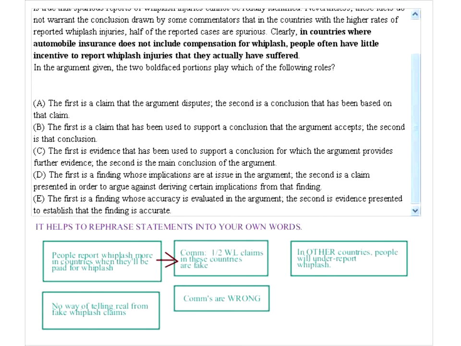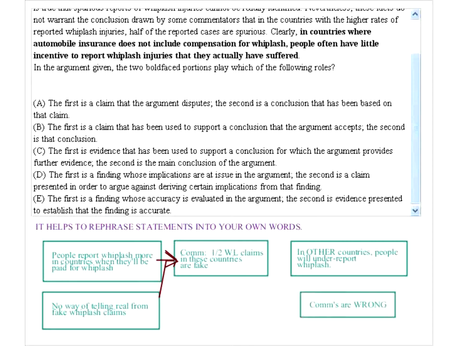That's the basis for the commentators saying that. And on top of that, there's no way of telling real claims from fake whiplash claims. But the commentators are incorrect about that. So this stuff is a counter argument.